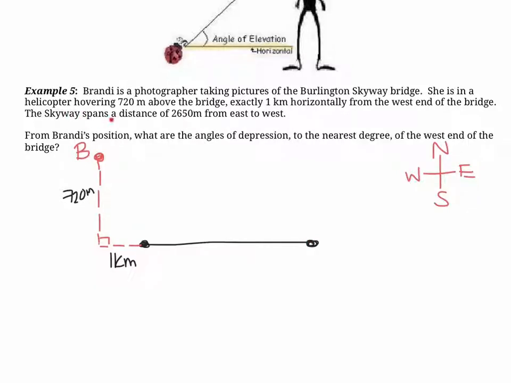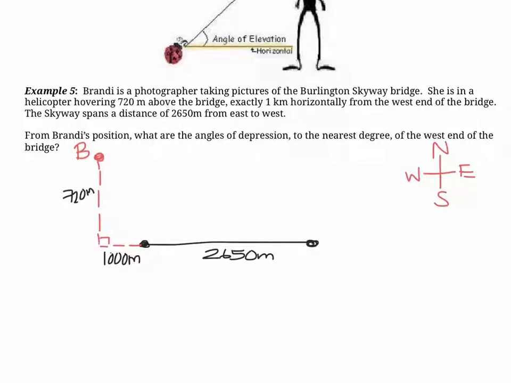The skyway spans a distance of 2,650 meters from east to west, so this whole bridge is 2,650 meters. See how this is kilometers and this is meters? I'm going to change this to 1,000 meters. Obviously this is not to scale.